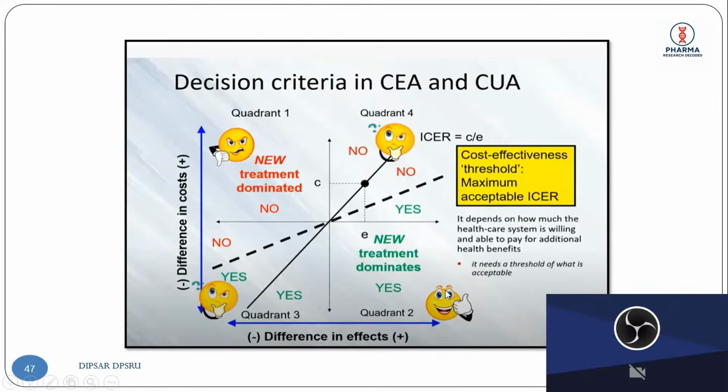So you want medicines whose effect is more and cost is less, but you don't want medicines whose cost is high and effect is less. But in the other quadrants you have to make decisions, so you have to do pharmacoeconomic studies. Got it? Because one is telling you about high cost but high effectiveness, and the other is telling you about less cost and less effectiveness, right?